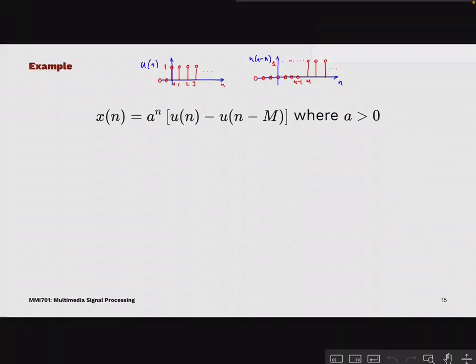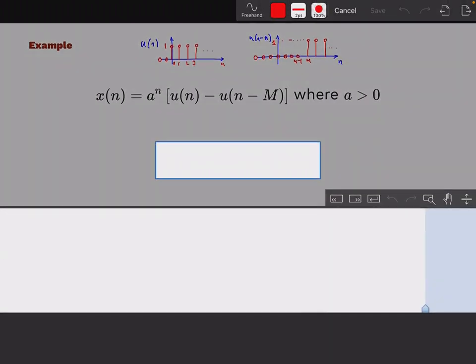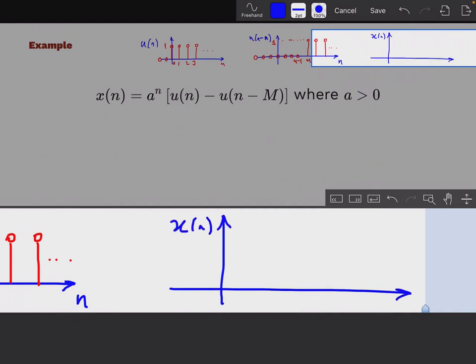So probably I don't need to draw it. But anyway, imagine a rectangular pulse which is discrete time, which has the value 1 from 0 to m minus 1, and after that it's 0. And we multiplied this by a to the power n. So this is that kind of a signal. Maybe we can just draw x of n here, just to make clear how it looks like. So this is x of n, and this is n.